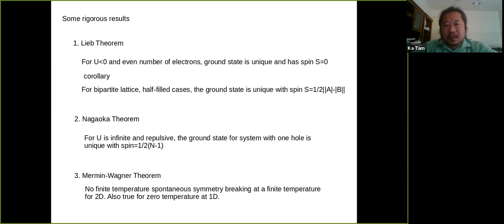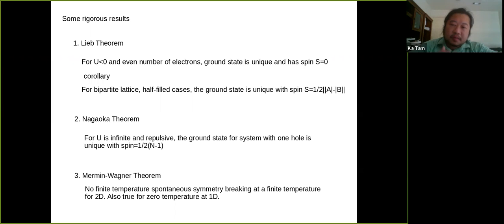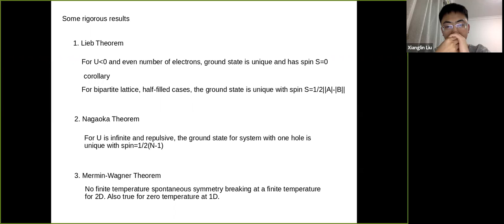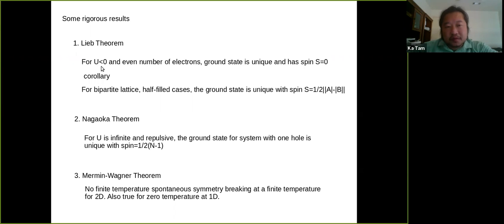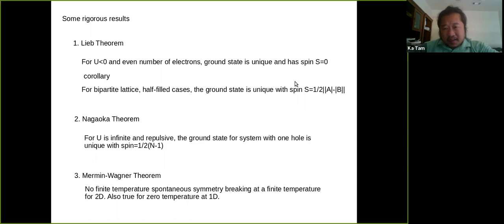Now remember, we have a particle-hole symmetry for the bipartite lattice. If you use the particle-hole transformation, you can transform the original attractive interaction to the repulsive interaction. Since the theorem was originally proved for U smaller than 0, the corollary is that for U larger than 0, if the lattice is bipartite, the theorem also applies, so the quantum state is unique, and the spin is equal to 1/2 times |A minus B|.